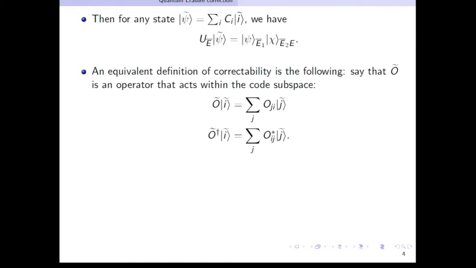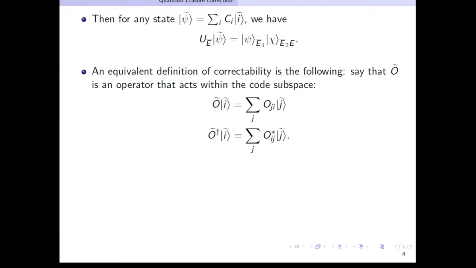Now, here's another equivalent definition, one that's better suited for my purposes, although maybe it seems a little bit more formal at first. Say that I have some operator Õ. Again, tilde means encoded. It's some operator that implements a logical transformation within the code subspace with these matrix elements.